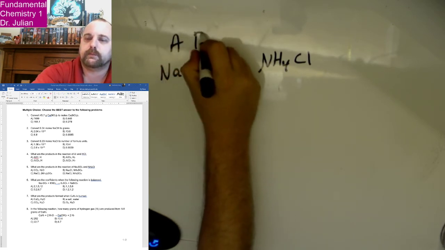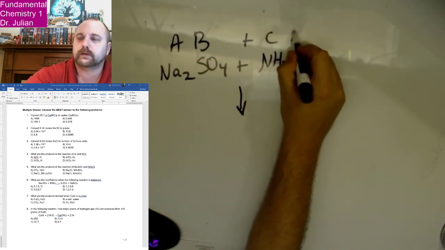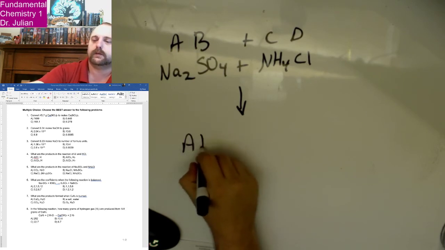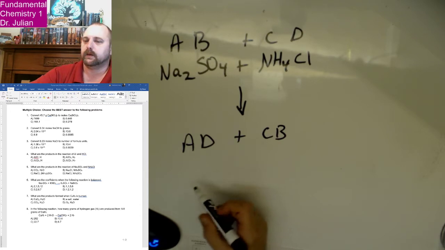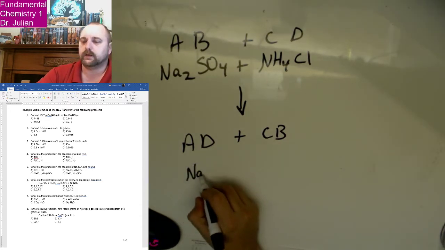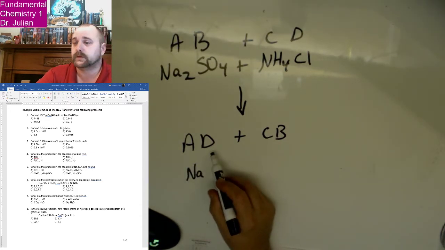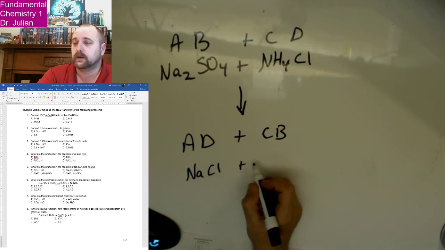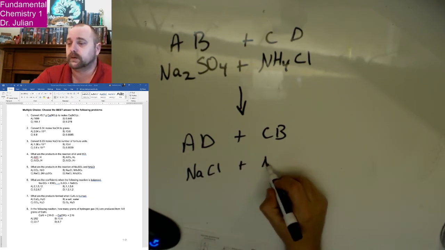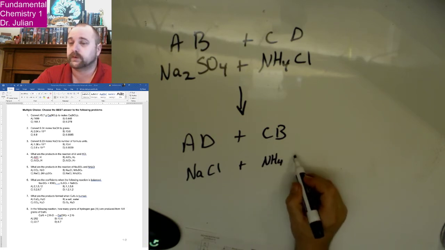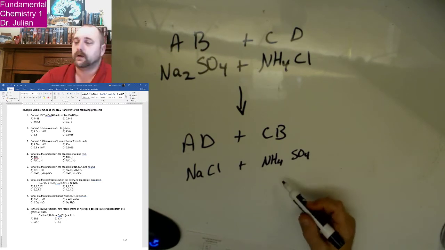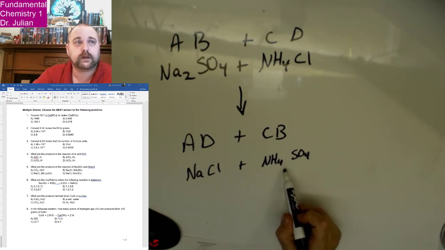So here's an AB plus CD, and that'll go to AD plus CB. A piece is Na. Don't bring the subscript unless it's part of the piece. D piece is Cl. C piece is NH4. I only have one of those. That 4 is part of the piece. B piece is SO4. All right, so I've got the product parts.